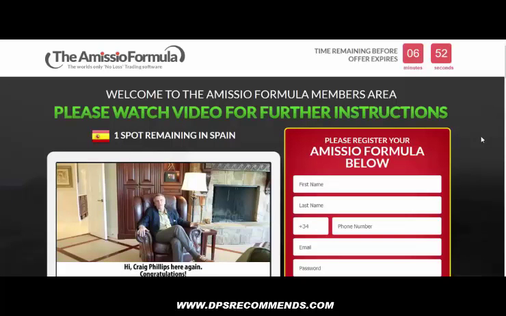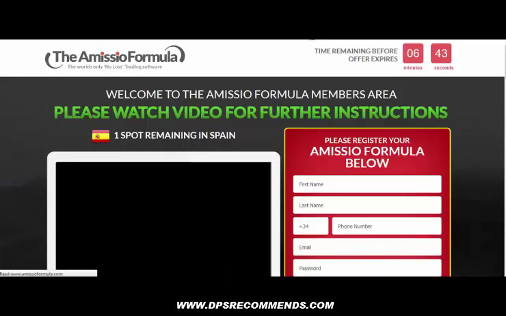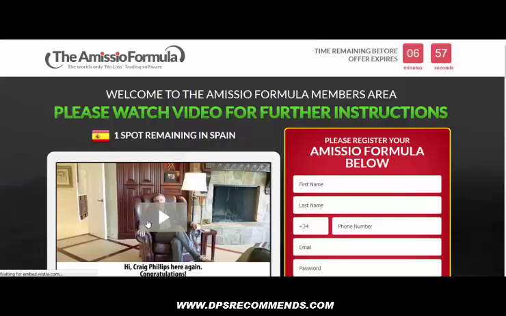Now, as you can see, time remaining before offer expires, 6 minutes, 50 seconds. I'm just going to refresh that. If you watch it, 6 minutes, 45, 44. Just going to refresh this page. And as you can see, it goes straight back to 7 minutes, okay? That is typical of scam software. This countdown clock, this, if you don't join now, you're going to lose out. If there's only five spaces left, you need to do it.